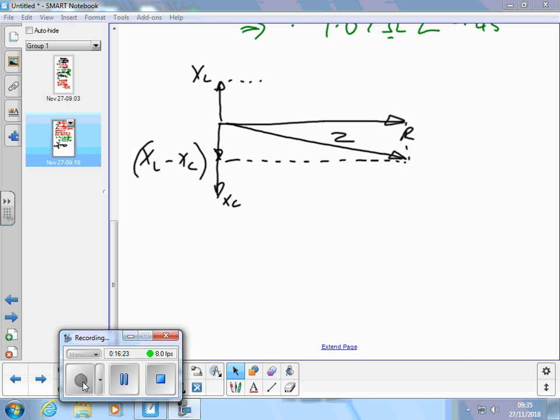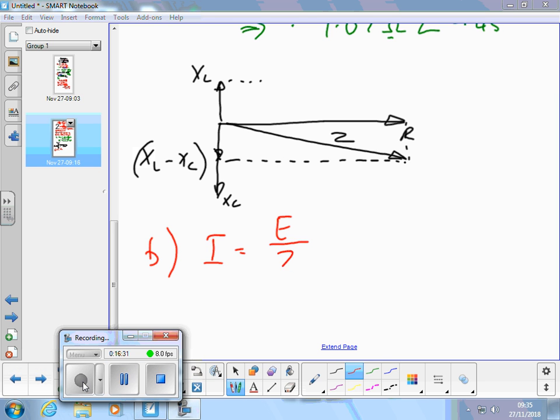So B, I is equal to, Ohm's law, E over ZT. Ohm's law will not be in the formula sheet, by the way. 60 angle 0 degrees divided by our calculated impedance, 7.07 angle minus 45. When you're in a calculation like that, you don't need to put the units in.